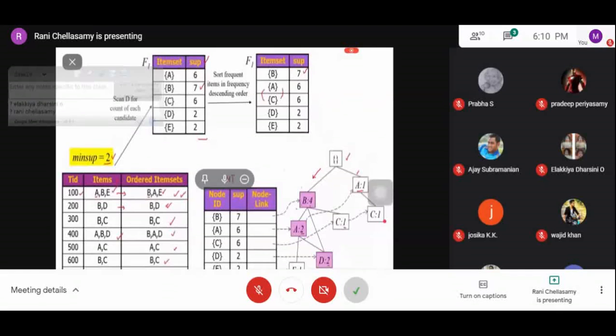Then go up with the sixth transaction, BC. After the root you already have B, so you can easily increase the count. Already you have 4 for B, so increase it to 5. And the C value you can increase here, from 1 to 2.